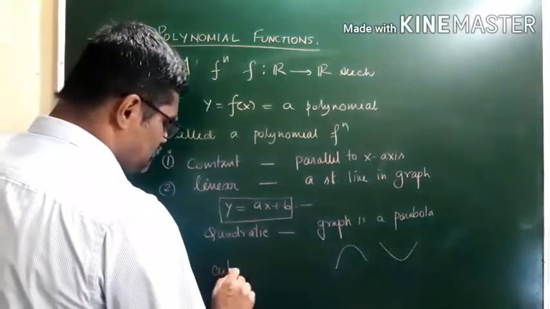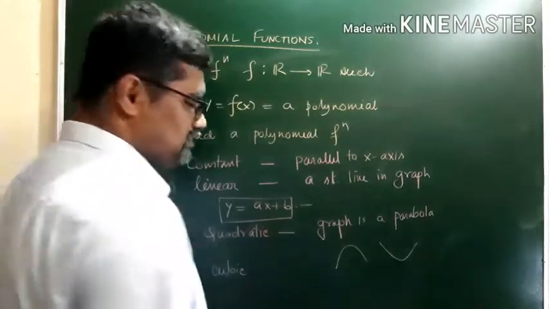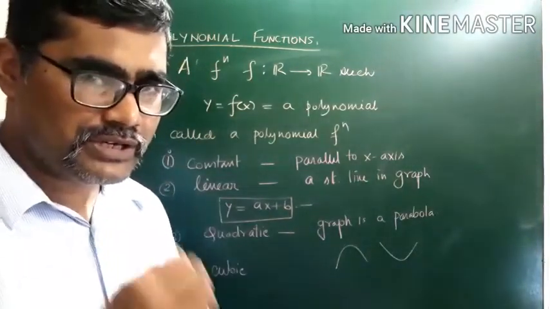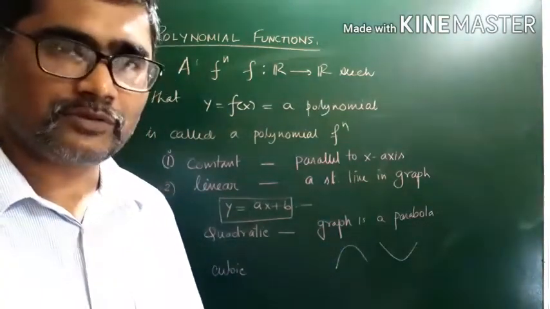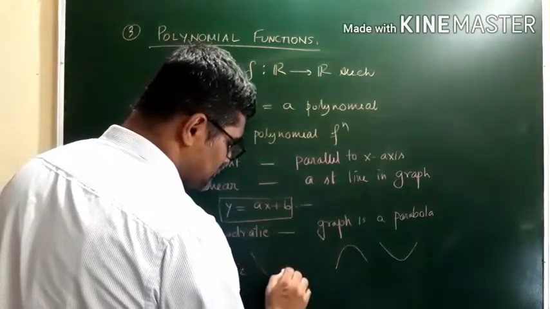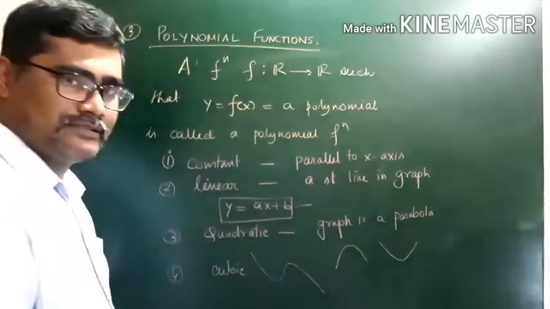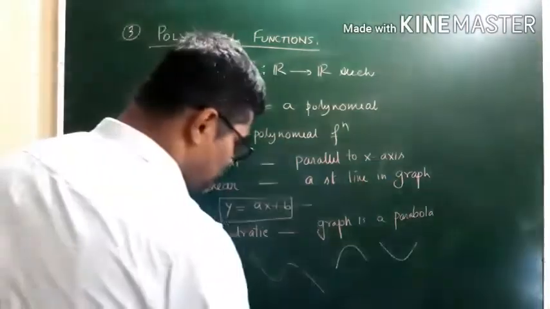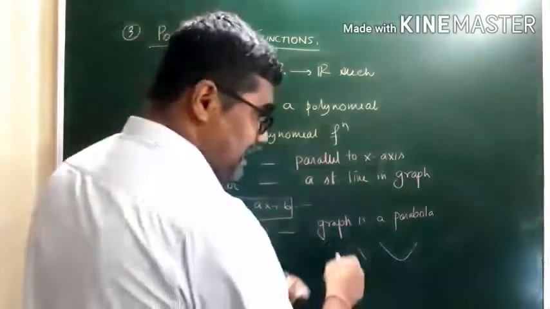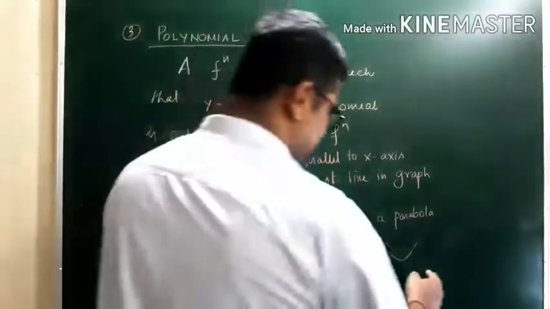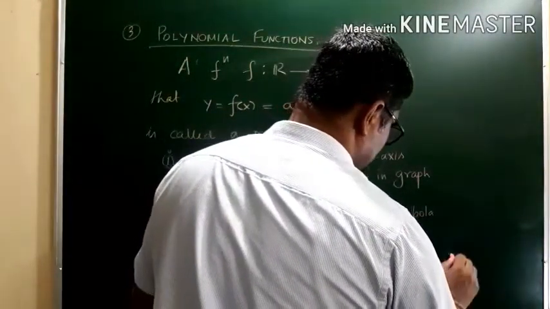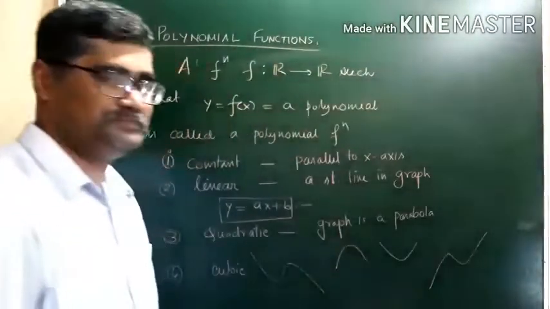There are many cubic polynomials. So every cubic polynomial will have a particular graph format, right? The graph will be like this, or it may be either like this or maybe like this, right?